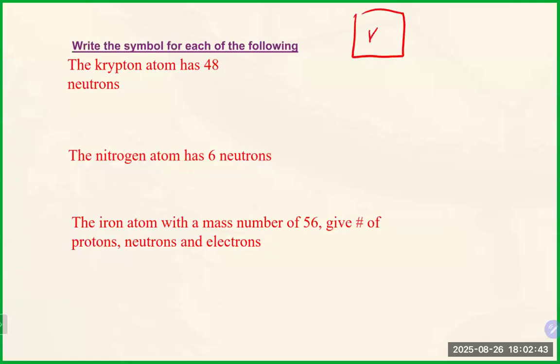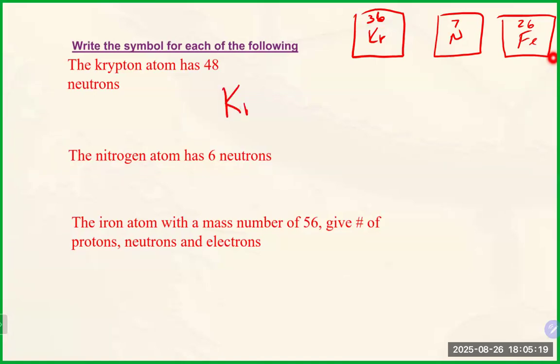If you don't have a periodic table, you can see that is what krypton looks like up there. Obviously, nitrogen looks like that, and iron is 25, I think, or 26. On this one, krypton, which is Kr, if it wasn't provided to you, you should go to the periodic table.